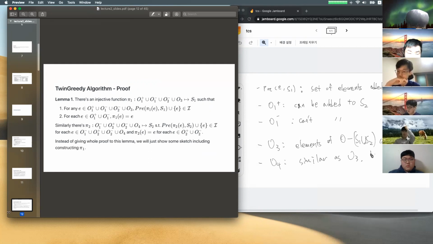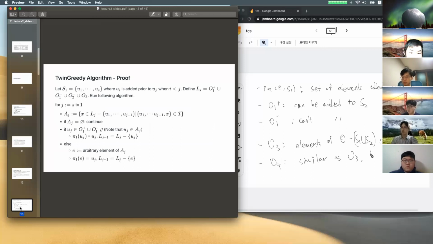The whole proof of this lemma is kind of long, so we will just see how to construct pi1, and the proof of the construction will be skipped in the lecture.